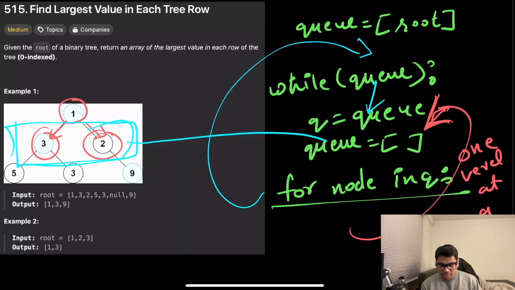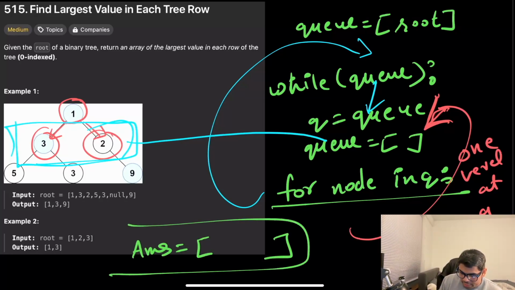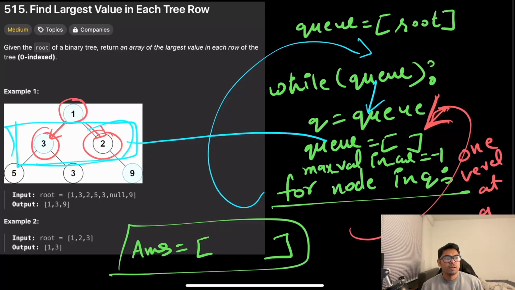There is just one more thing for my answer. I will have an array, and a variable called max val in current level, initially let's say -1 or 0. If my queue was non-empty, that means I will find some maximum value in my current group of nodes, that level I'm processing, and I'll update it while I'm checking the values inside my for loop, so that I'm not adding any more time complexity.